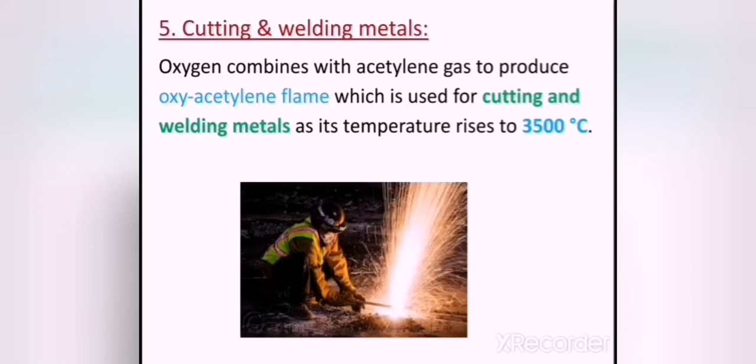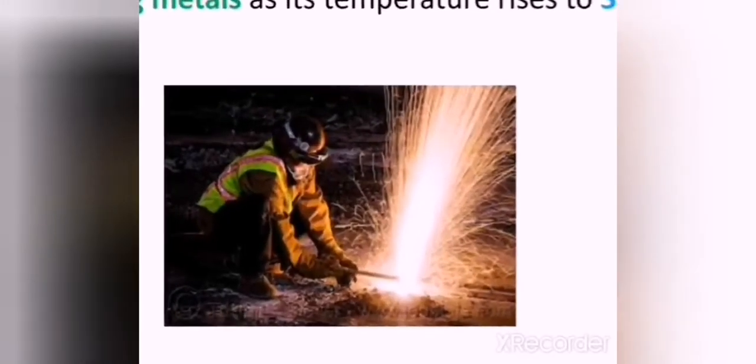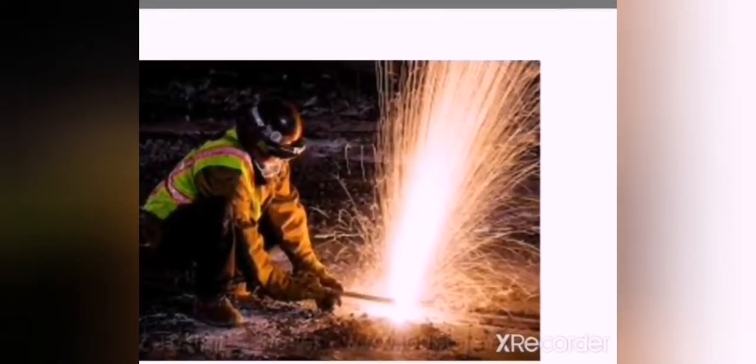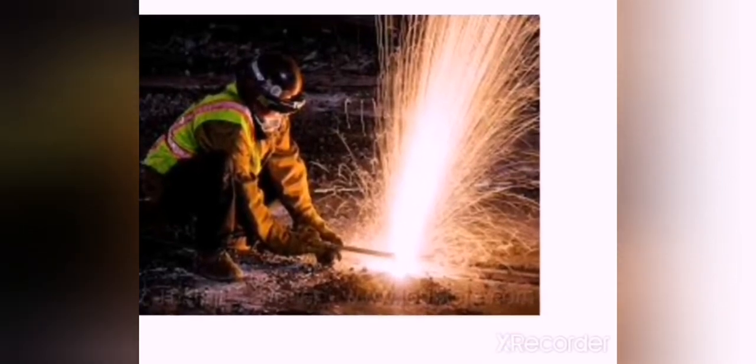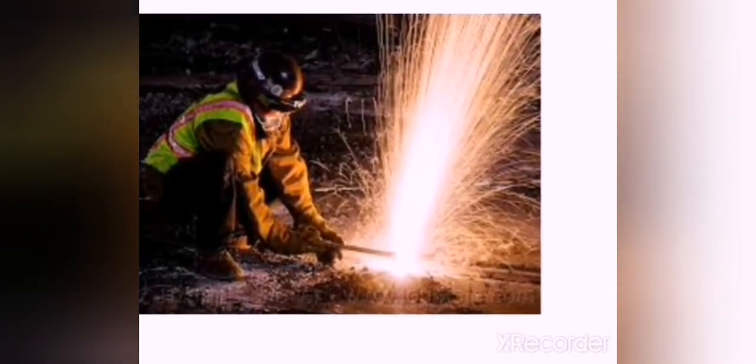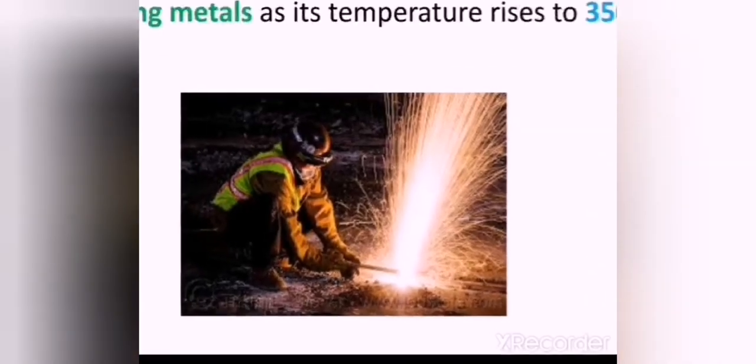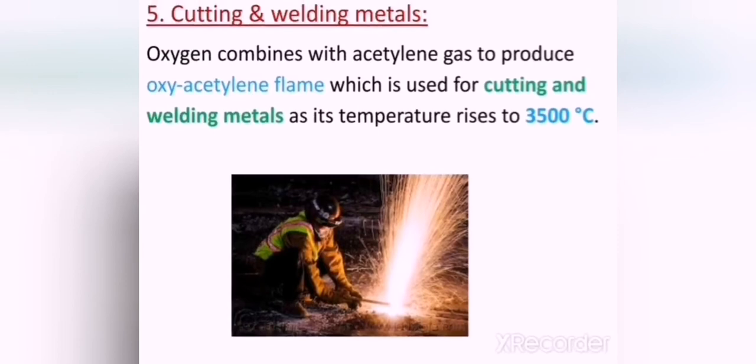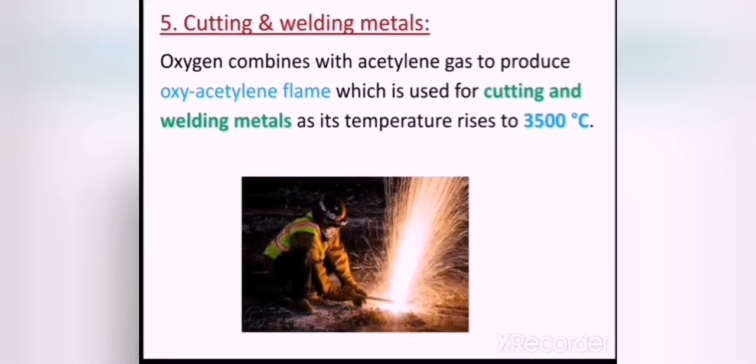So when the oxygen combines with acetylene gas, it will produce a flame called oxyacetylene. Oxygen plus acetylene produces oxyacetylene flame that is used in cutting and welding the metals.